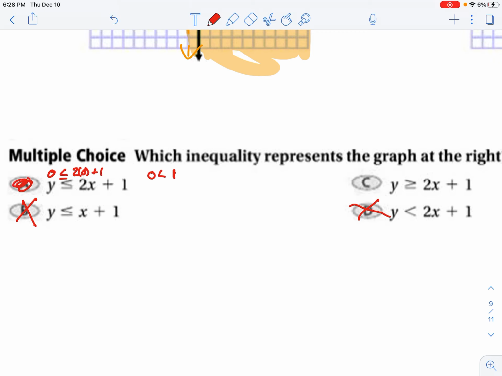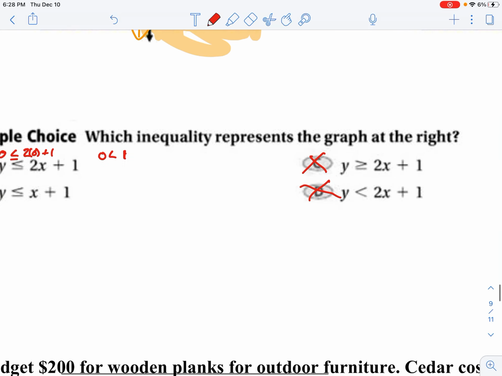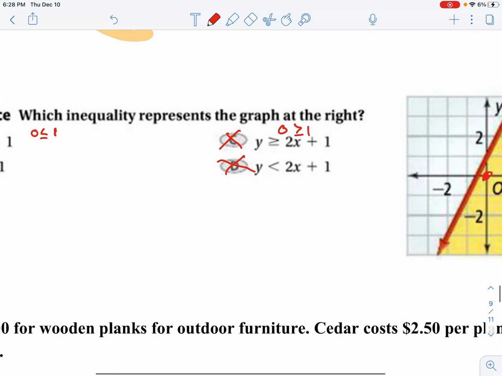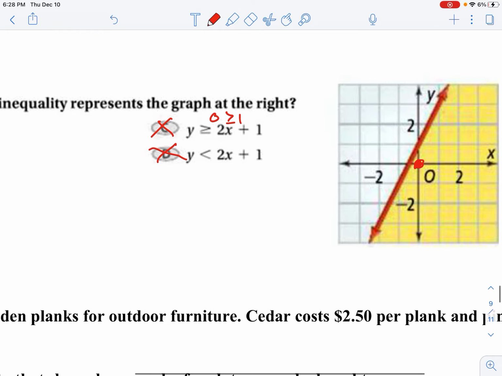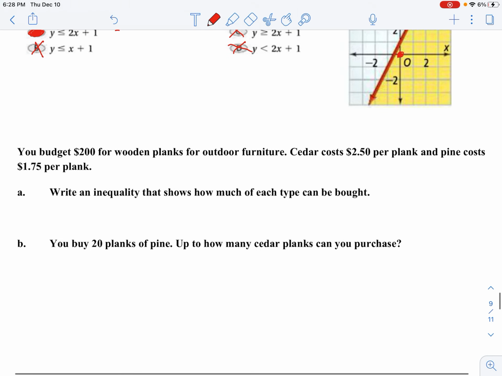Does that make it a true statement? It sure does. Now you can take my word for it, or you can go into the other one and try it over here, but it would not be a true statement for letter C. I think you would get 0 is greater than or equal to 1. I forgot my equal sign over there, but you would get 0 is greater than or equal to 1, which is not a true statement for 0, 0. And since it's shaded, we have to make it a true statement.